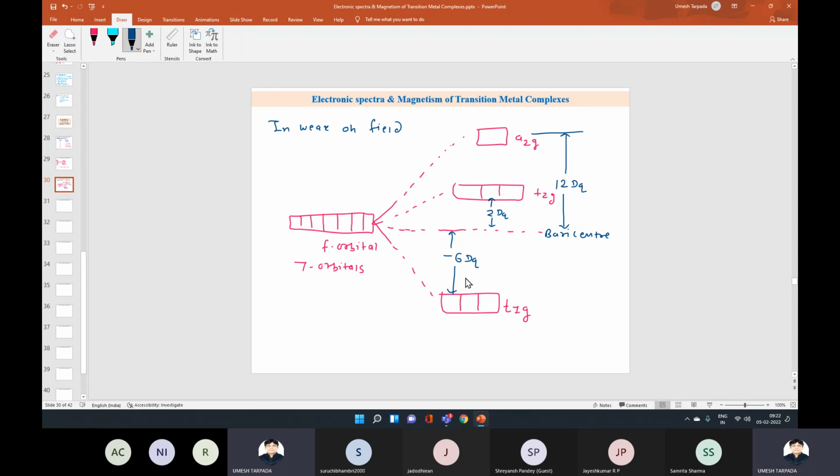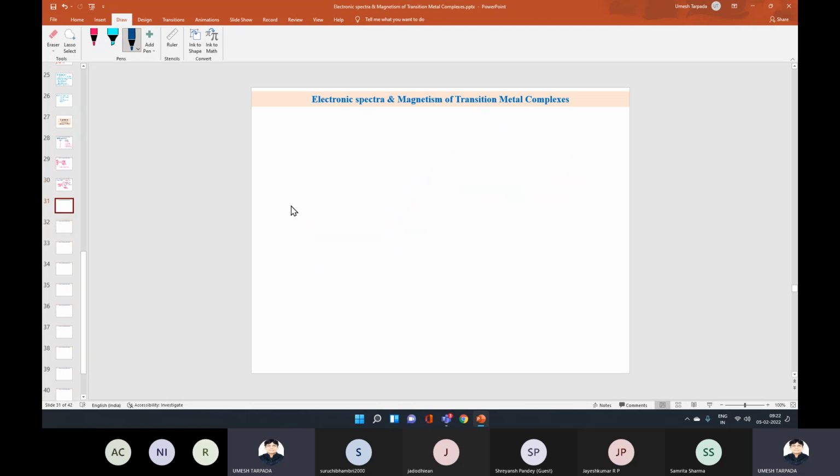from the barycenter. Now if you go for tetrahedral geometry, the same thing for F orbital, you can do the splitting of tetrahedral geometry. Then the opposite thing takes place. What happens in the tetrahedral geometry?